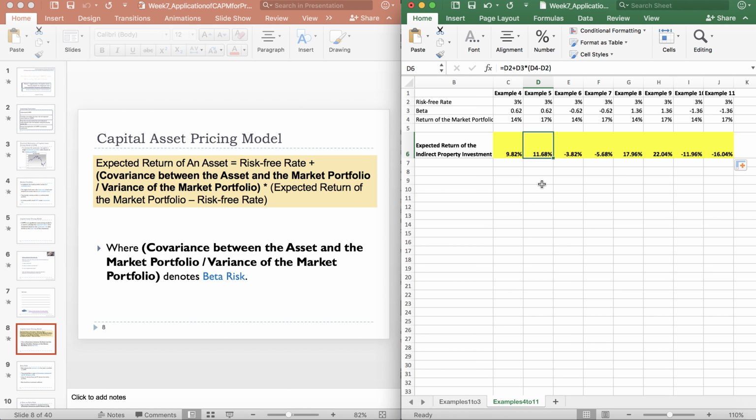That means for a beta risk that is positive and less than 1, or negative and larger than -1, this investment will be less sensitive to the performance of the market portfolio.